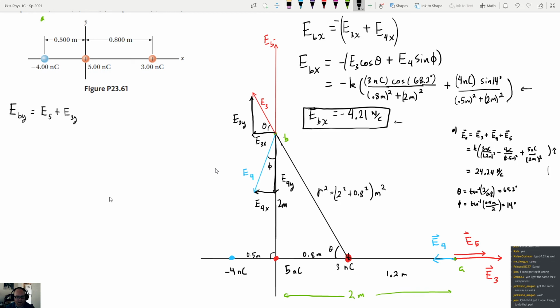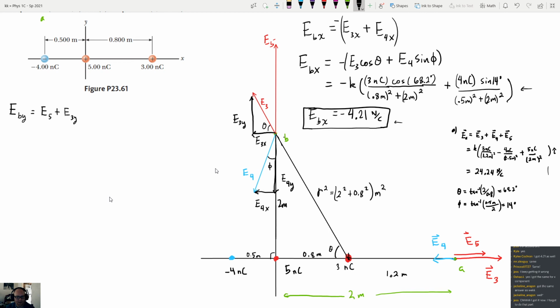We'll have 2 meters, and we'll square it. For E3, we put 3 nanocoulombs up here. It's multiplied by the sine of theta. Theta was 68.2. I'm sure if we just put 68, it would have been fine. We're dividing that by the distance, which is this thing right here. It's r squared, so it'll be 2 meters squared plus 0.8 meters squared. Plus.